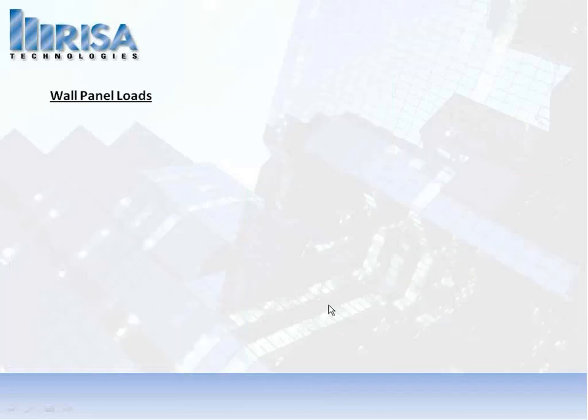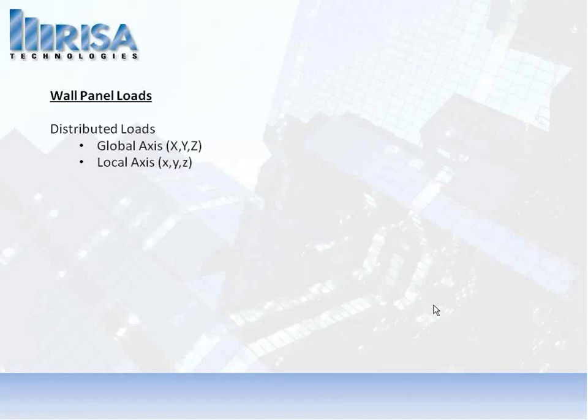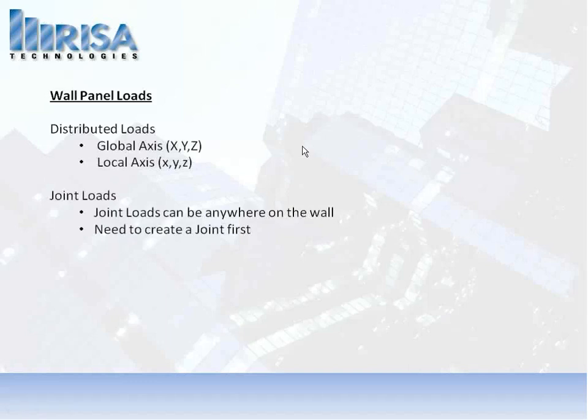Let's talk about loading here, since I did open up that can of worms. One of the things you can do is wall panel loads here, distributed loads. Okay, that's one of the most common ways to load a single wall, and you can do that in the local axis or the global axis. Okay, you can actually do any direction you want on those distributed loads. You can also do joint loads.